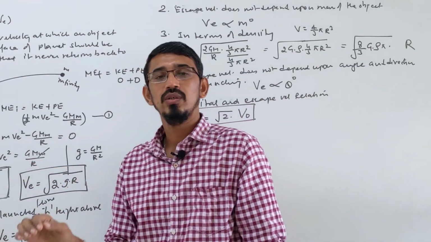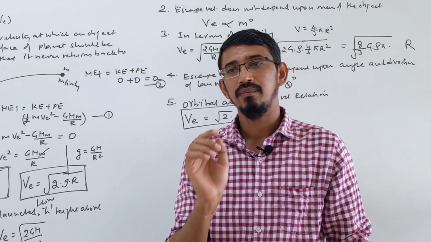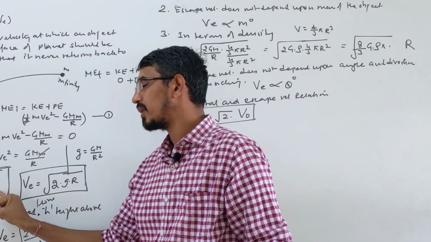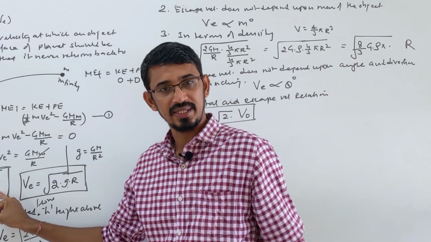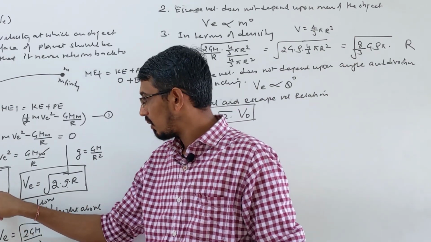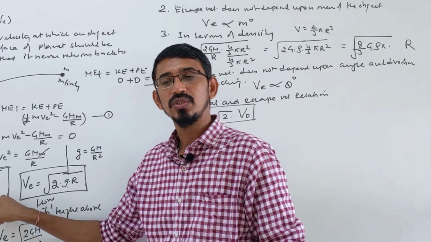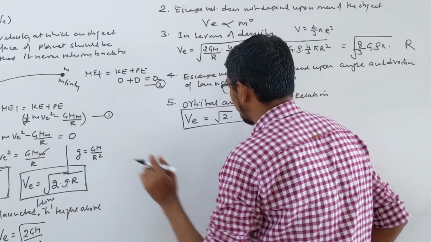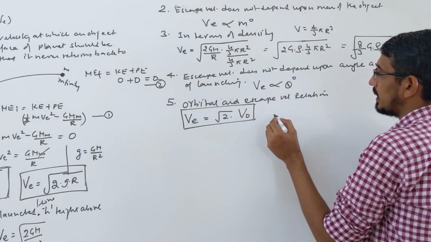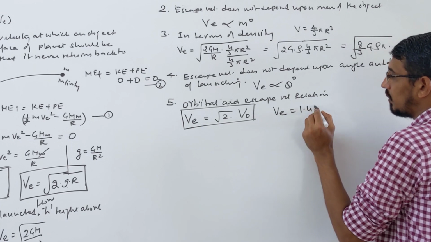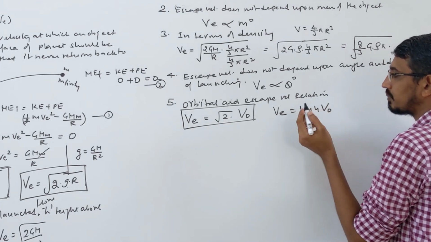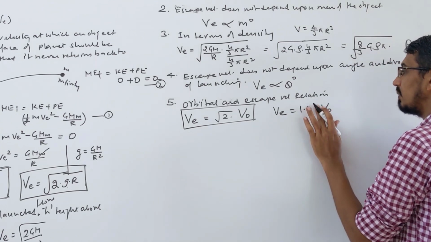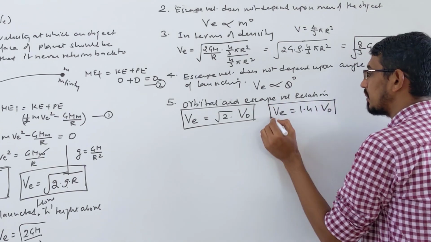Orbital velocity, what is the formula? Root GM by R. But keep in mind, orbital velocity depends upon the distance of the satellite. Here we are launching from the surface of Earth, so we are talking about the same distance. When the distance is same, this is applicable. R should be same. So here you can say that V escape is 1.41 times the orbital velocity.